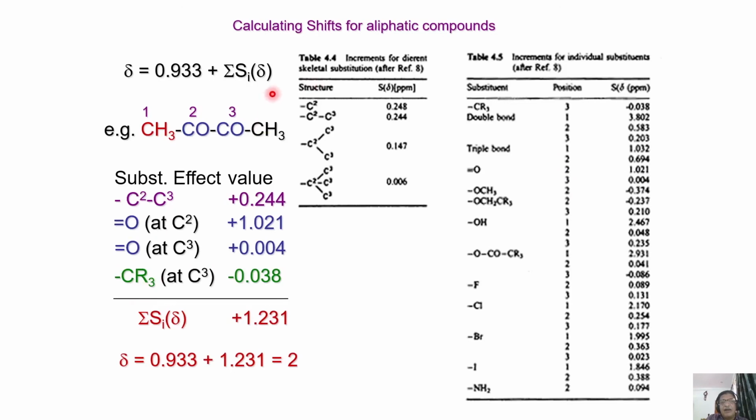For the CH3 group at position 3, you will see minus 0.038. Add up all these values, and this is the base value for this type of molecule. And totally, if you add up everything, you get a chemical shift of 2 ppm approximately for this proton. You understand? The experimentally determined value is around 2.2.